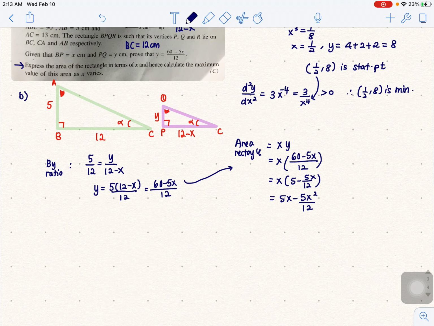And hence calculate the maximum value of this area as x varies. So to find the maximum area, I have to do differentiation and equate it to 0.